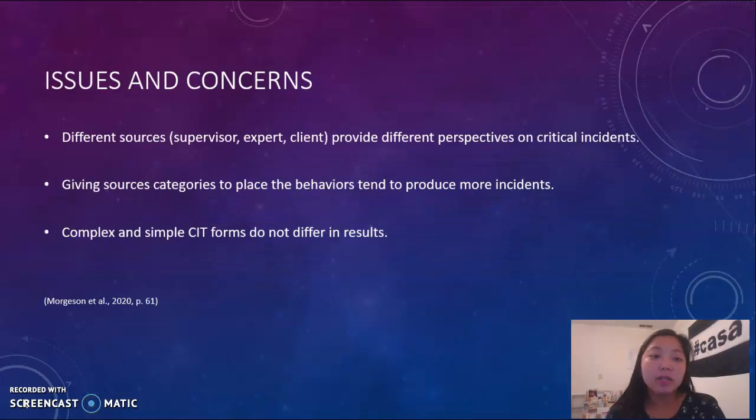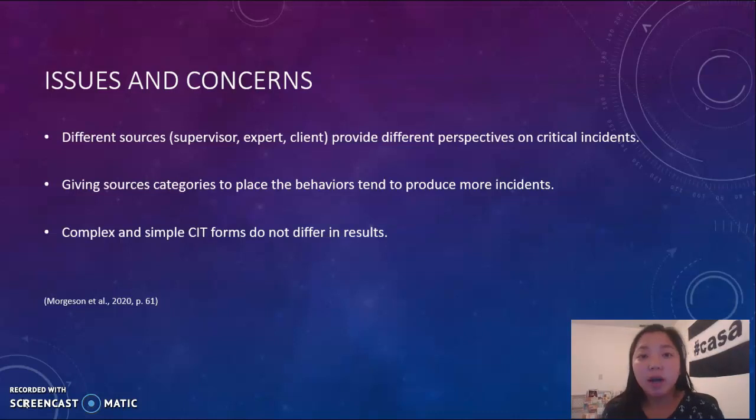So there are issues and concerns with this technique, and they're not necessarily negative, but it's things that individuals should be aware of when using the technique. First is that the different sources, the people who are completing the critical incidents, may provide different perspectives on the employee's behaviors.